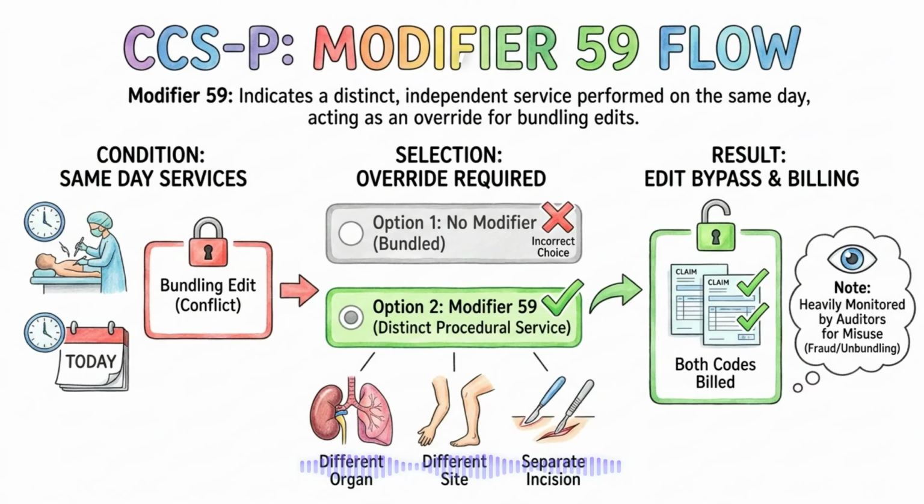This modifier is an override switch that allows you to bypass bundling edits when a secondary procedure was performed on a different organ, at a different surgical site, or through a separate incision, because it overrides billing edits. Modifier 59 is heavily monitored by auditors to ensure it is not being used to fraudulently unbundle codes.